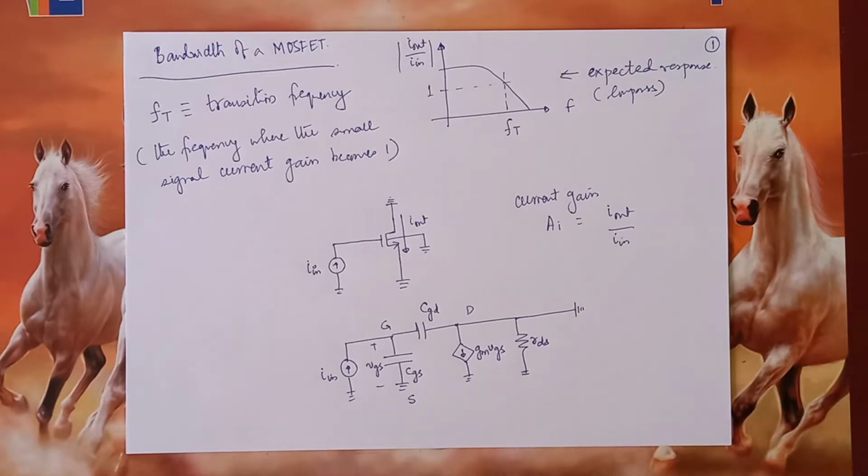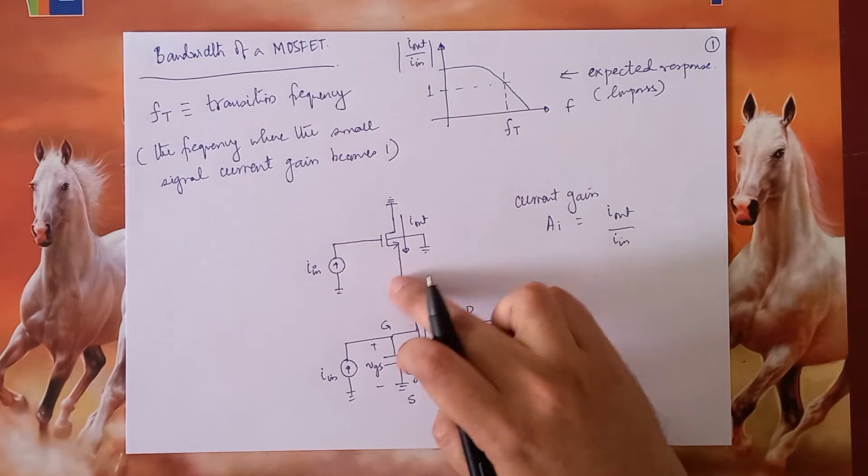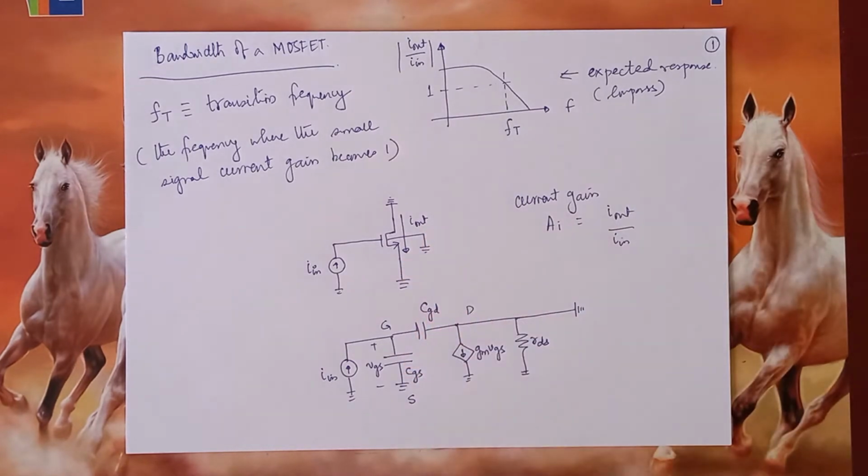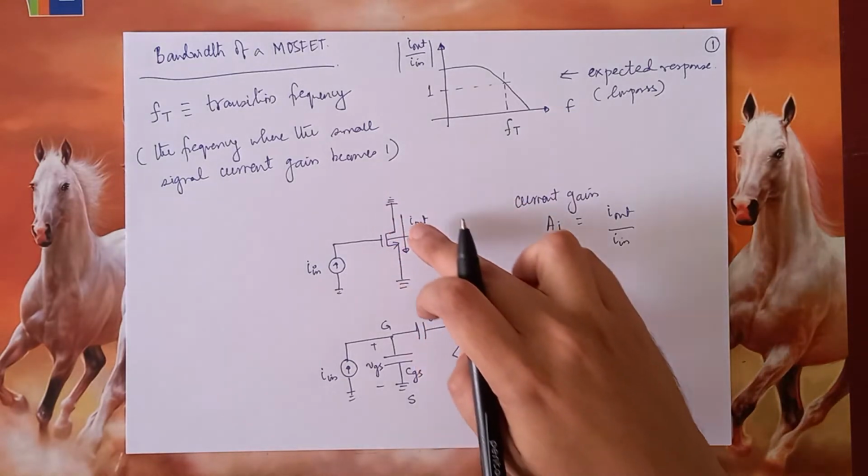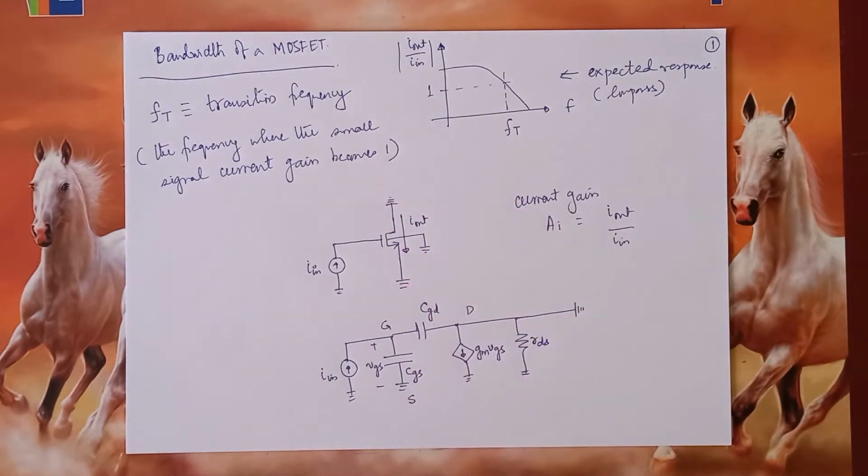The other current source GMB times VBS will not play a role because both the body and the source are at AC ground. Similarly, the body capacitances with respect to the drain and the source would not play any role, again because all the terminals, the drain, source and the body, are at AC ground.